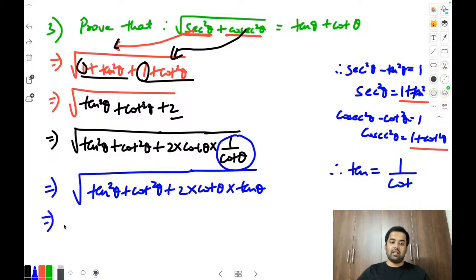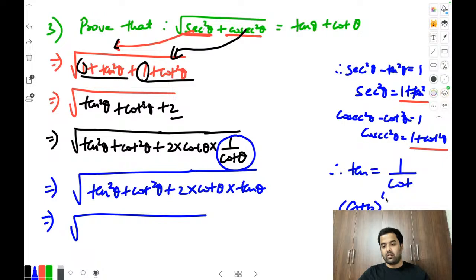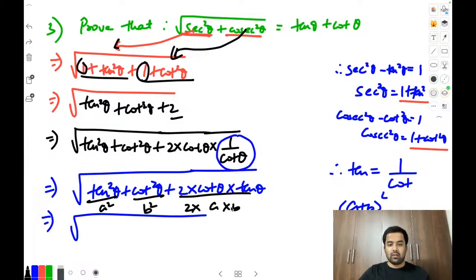Now, if you see the pattern, it is based on (a plus b) whole square. Check now: a square, b square, plus 2ab. Is it the same pattern? Which means here the a value is tan theta, and the b value is cot theta. Check the pattern now: a square, b square, and this is 2 into b into a.